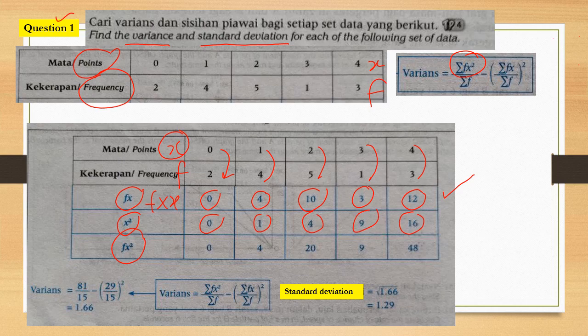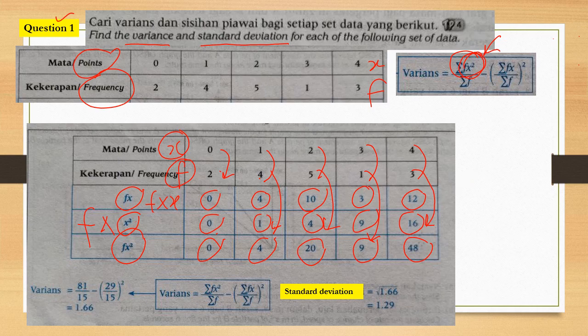And after that, you need to find f times x square before you sum it. So you just times your f and this one. 2 times 0, you get 0. 4 times 1, you get 4. 5 times 4, you get 20. This one, you get 9. And then 3 times 16, you get 48. All this you have to sum.